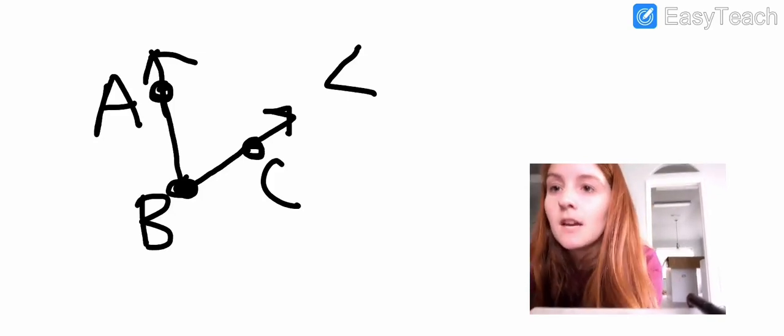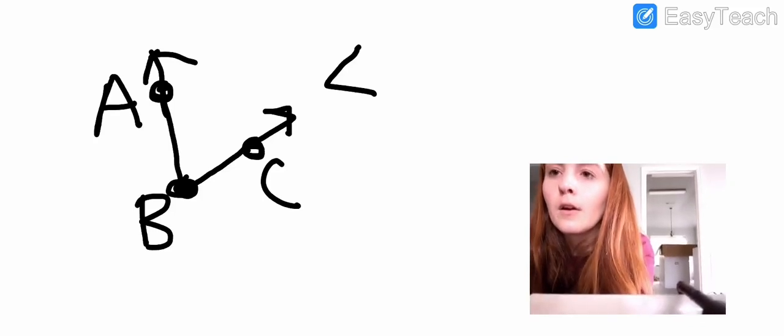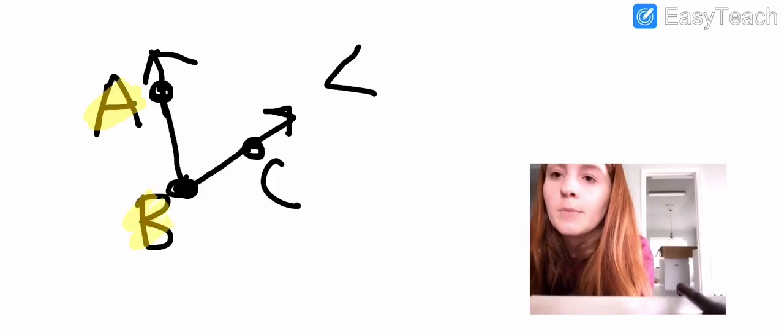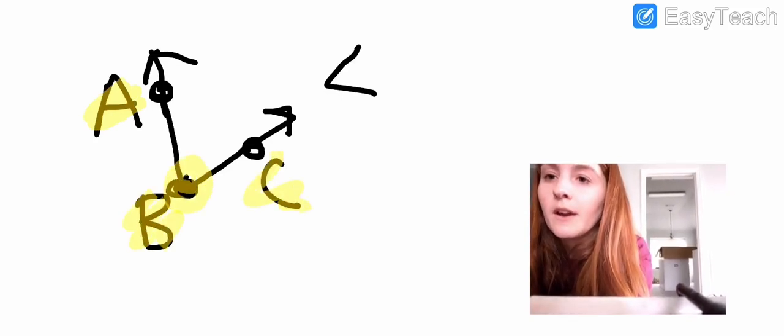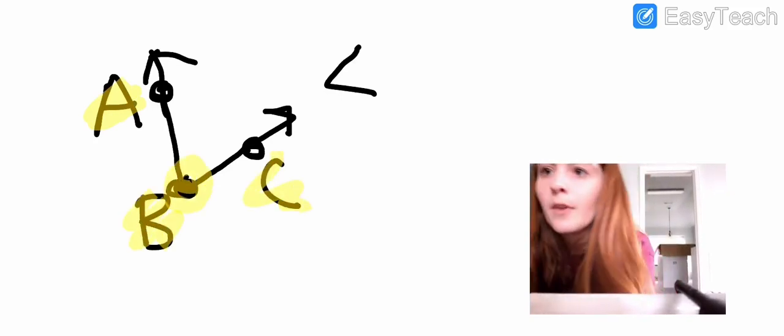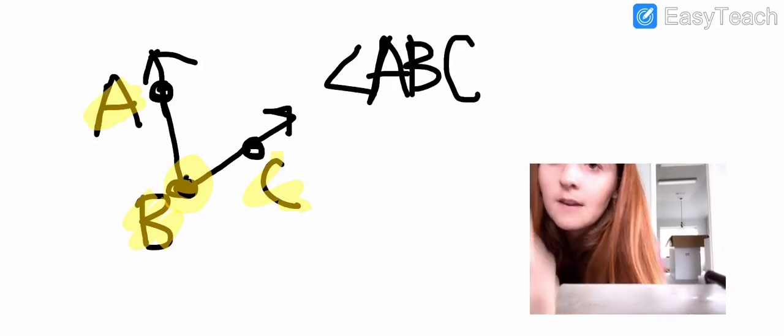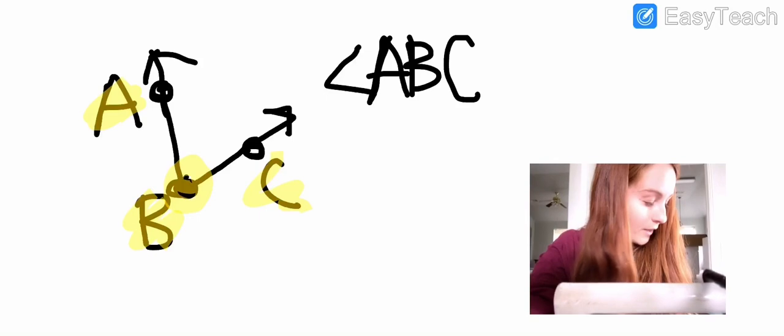So like if you see right here, there's my highlighter. So it goes A, B, C. This point right here, that's the one that needs to be in the middle. So then when I name it, I'm just going to do it from left to right. It's going to be angle ABC. And that's your answer. Okay?